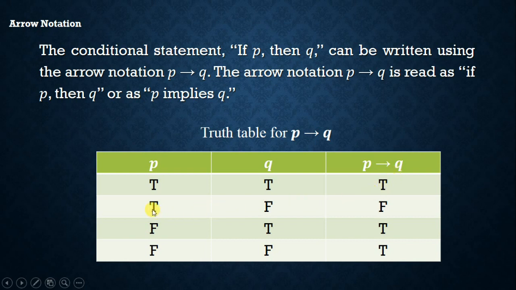True implies false is false, false implies true is true, and false implies false is also true. Observe that the conditional statement P implies Q is true if and only if the truth set of P is a subset of the truth set of Q. So that is why we have here false implies false is true.